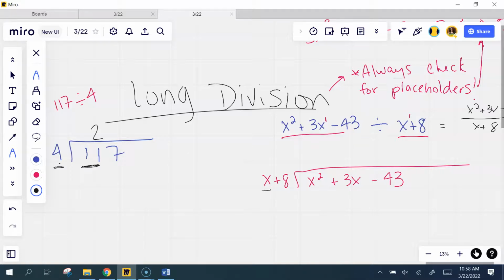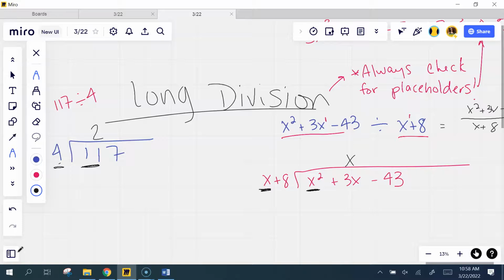Look only at the very first term. How many times does x go into x squared? Or in other words, what do you multiply x by to get x squared? X. Do we all agree? Okay. I'm going to put it, now these are columns. This is power of 2, power of 1, and constant. So I'm going to put the x right up here, just like I did the 2.